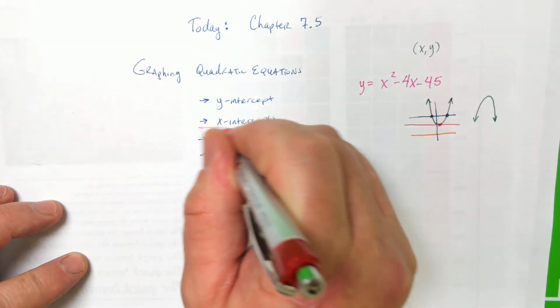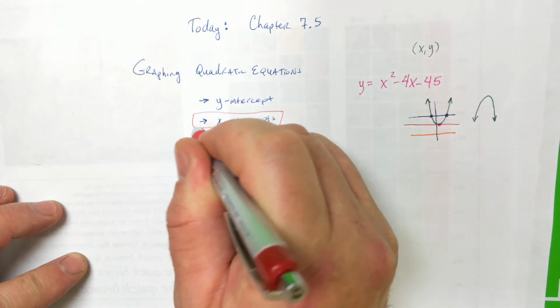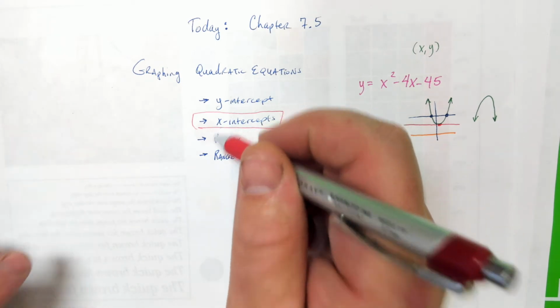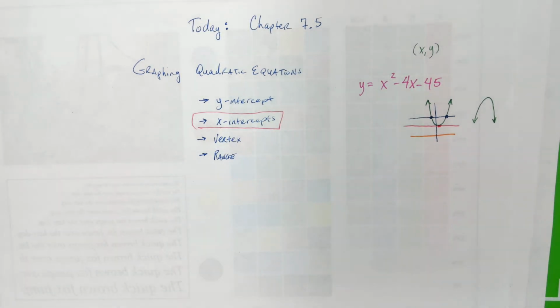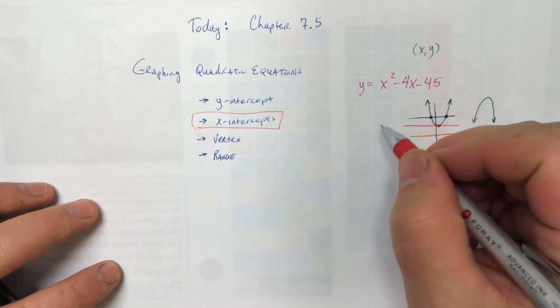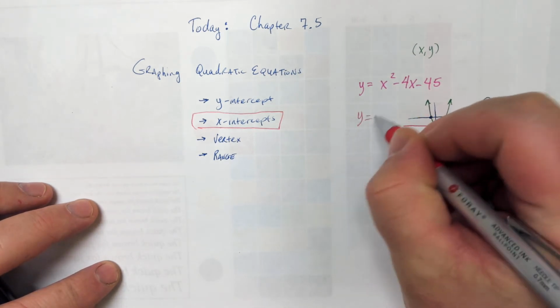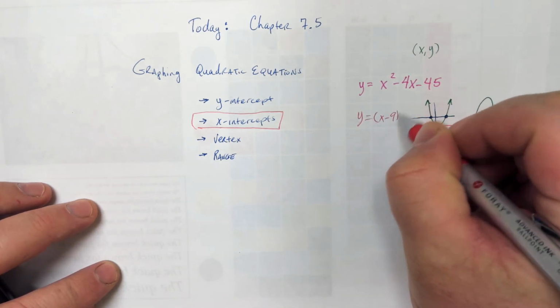And we already know how to find them. You can factor, complete the square, or use the quadratic formula. If you can factor, like this one, then that's what you should do. It's going to be y equals x minus 9 and x plus 5.